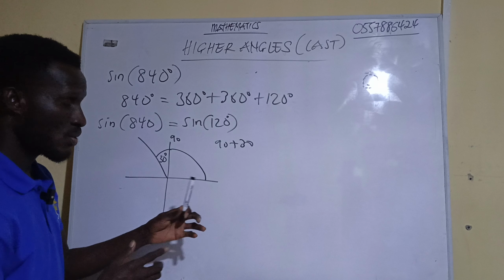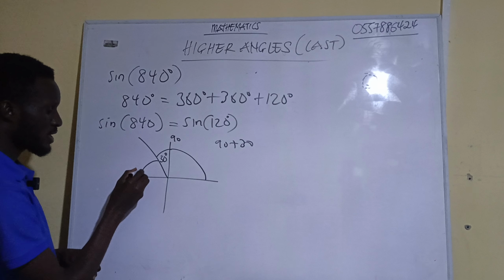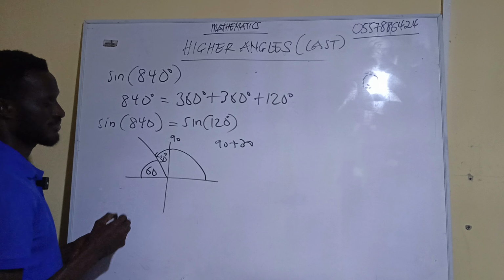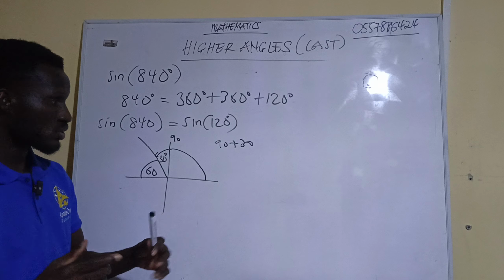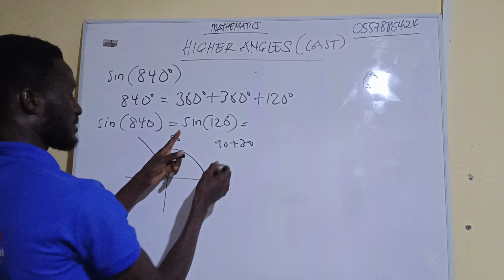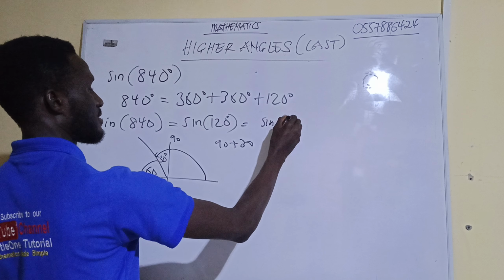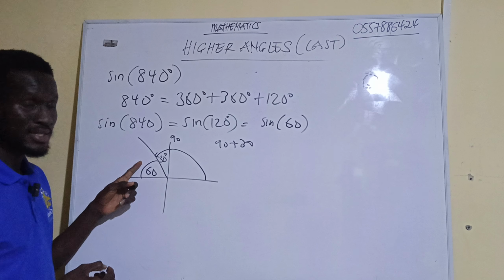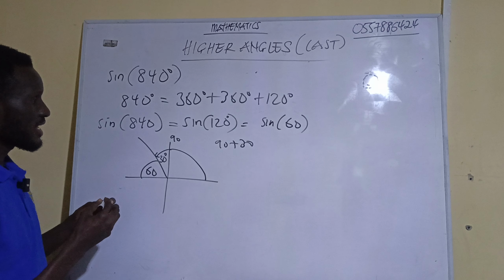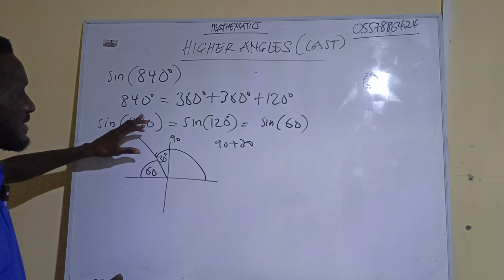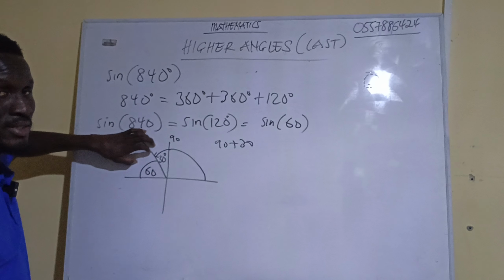Now what is the angle along the x-axis? The angle along the x-axis will be here. That is 60. So sine 120 is the same as sine 60. Now 60 is the angle along the x-axis. So it means that 840 will be in the second quadrant.